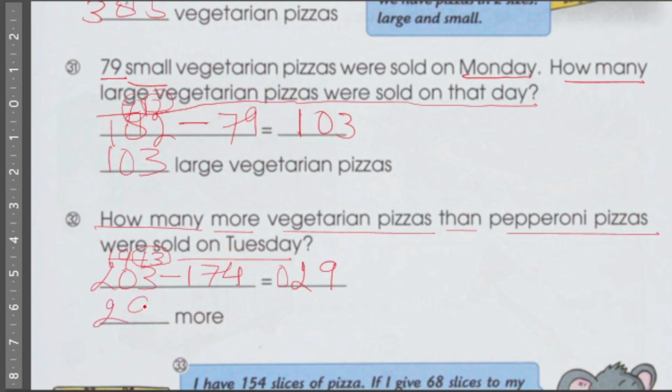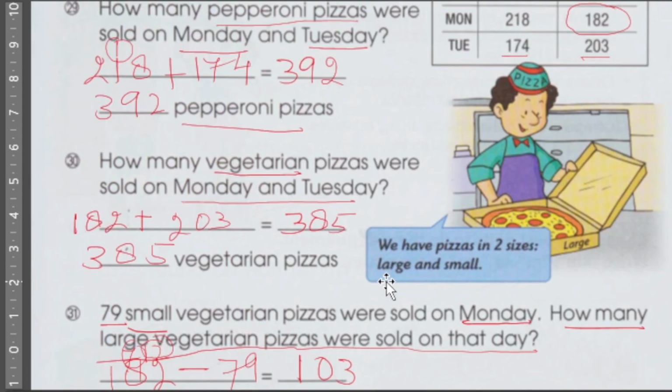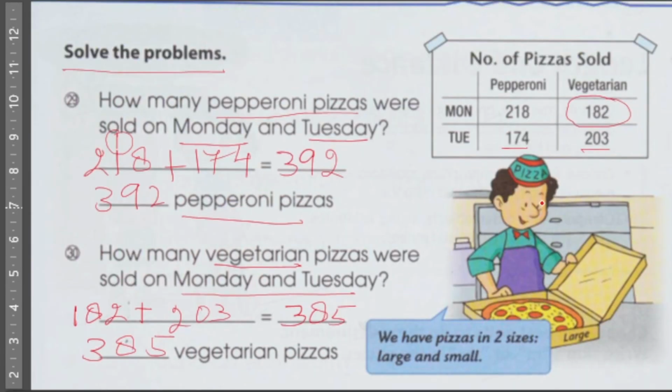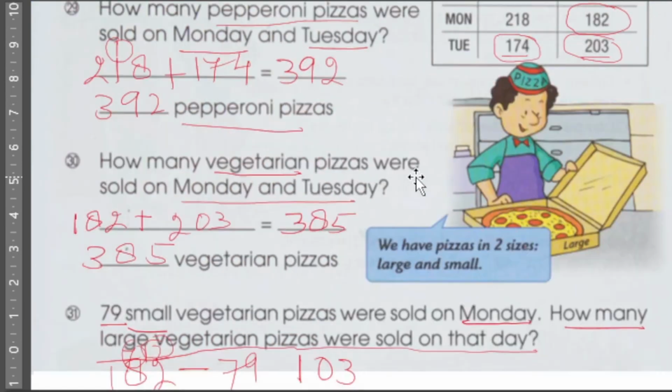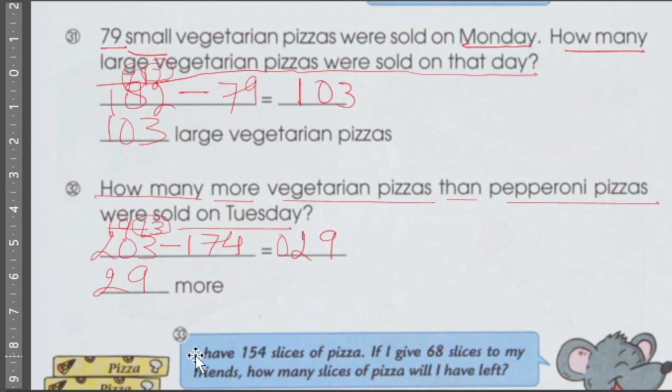So 29 more pizzas of which type? Vegetarian. So vegetarian pizzas were sold 203, and pepperoni pizzas were sold 174. So vegetarian pizzas were sold 29 more than pepperoni pizzas, which we have calculated here.